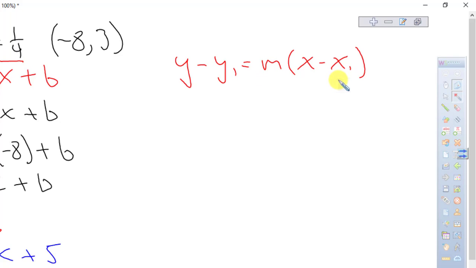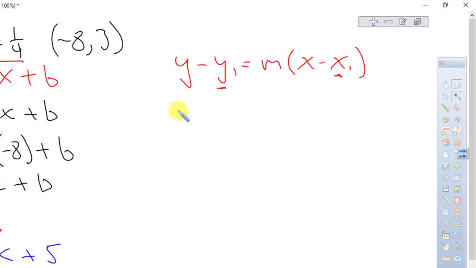And here I don't have to know the y-intercept. This x1 and y1 just represents any ordered pair that my line happens to pass through. Well, I know an ordered pair. Here's one right here, -8, 3. So I'm just going to substitute in all of these values. Slope for m, -8 for x1, and 3 for y1.